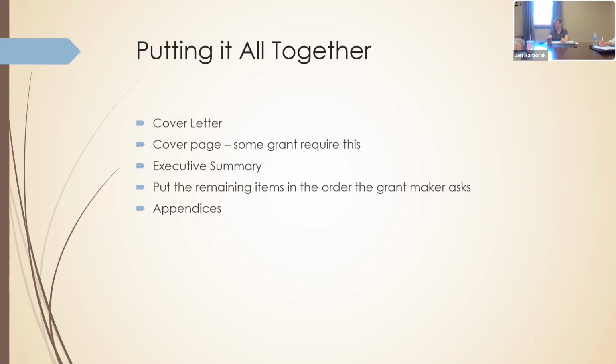Pages should be numbered, especially because a lot of times your funders, like I said, are taking these applications apart and giving certain pages to certain board members. And so you're making it easier for them when they look at your application, say, okay, pages 2 and 3 are going to this particular board member. Pages 4 and 5 are going to this particular board member. So page numbers do help.